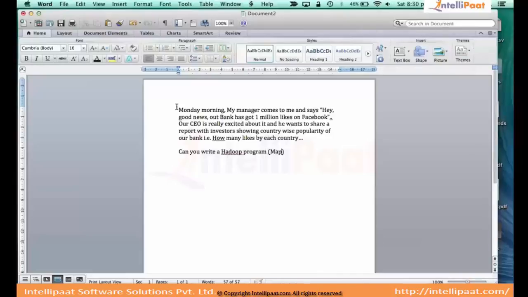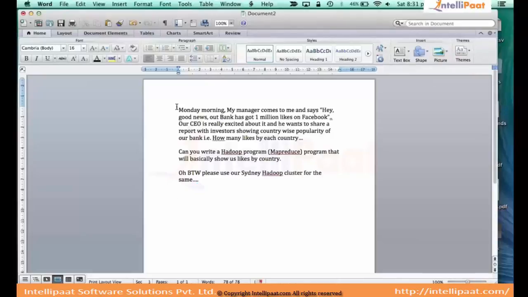A Hadoop program is also a MapReduce program. So this is the real scenario.